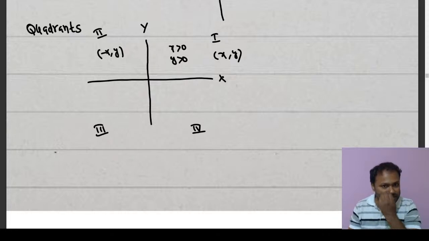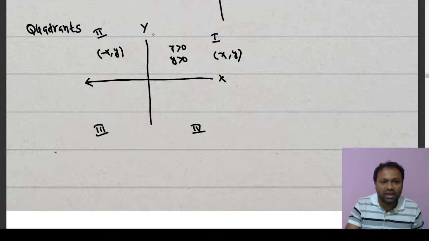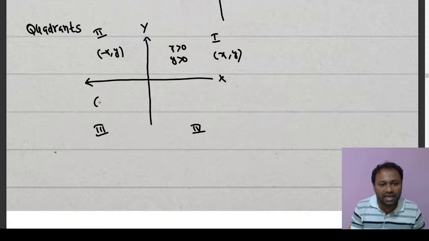Here x value is towards the negative side and y value is towards the positive side. In the third quadrant we take the ordered pair (-x, -y), which means x is negative and y is also negative, right?